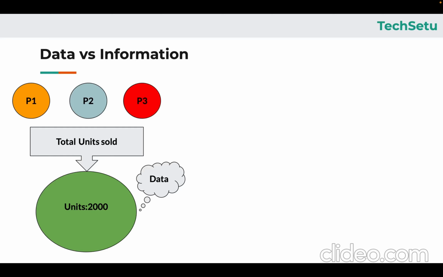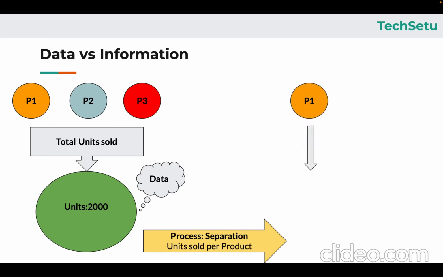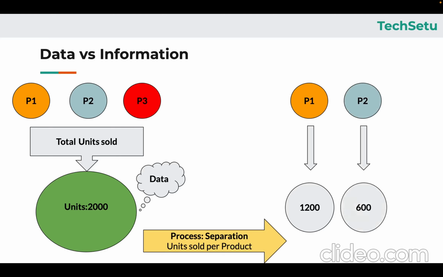So I'll be doing a separation, that is units sold per product. The process that I am doing is a separation, and after doing that process I got a result that P1 units are sold in a quantity of 1200, P2 units are sold in a quantity of 600 units and P3 units are sold in a quantity of 200 units.